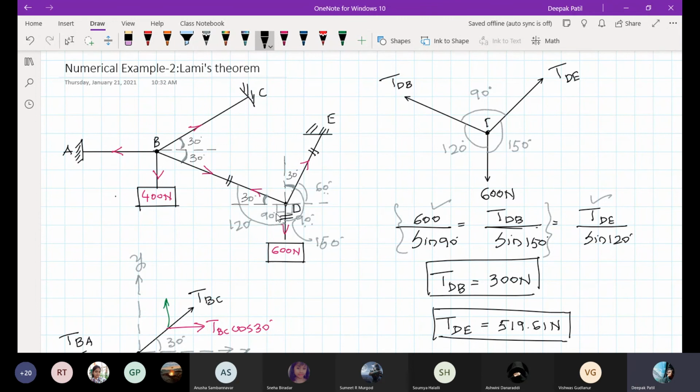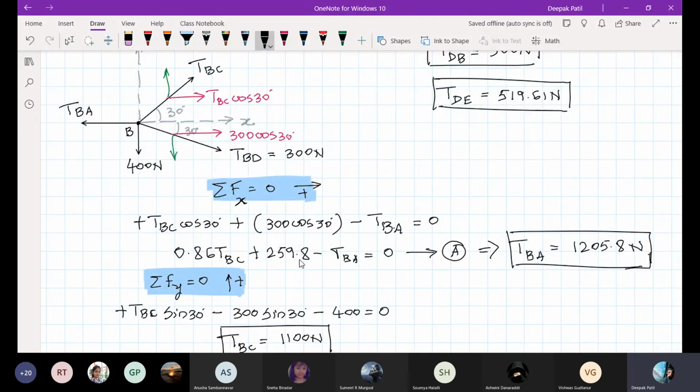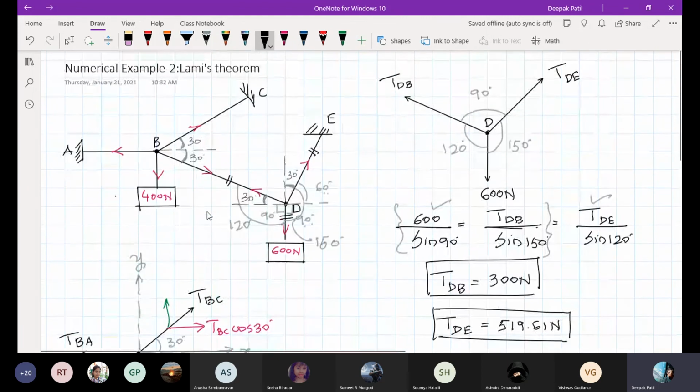Then you would have ended up with 2 unknown forces and 2 simultaneous equations and all those tedious calculations. Of course you can solve, but the calculation will be much longer. But if you go for point D, then you can easily find this one. And once you come to point B, in a very short 2 steps only, you can get the other unknown forces. Are you clear, students? Any doubts you have? Anything you would like to ask?